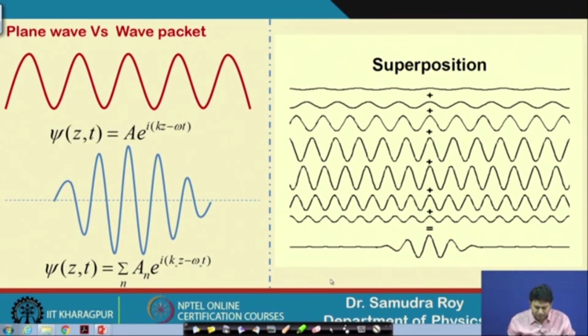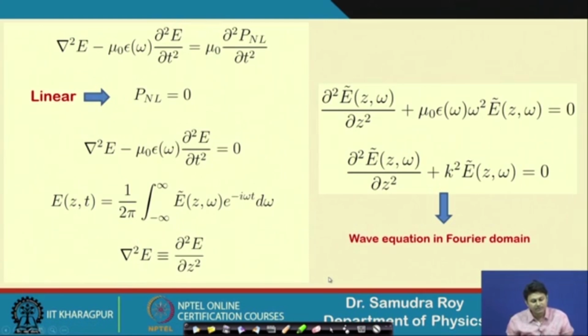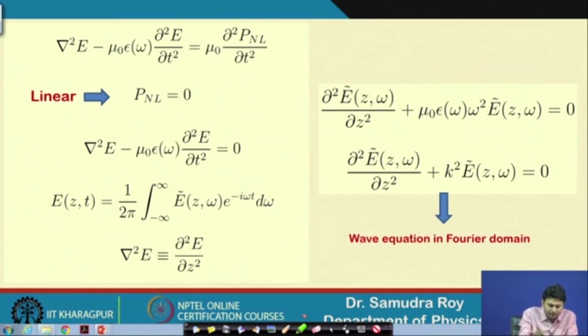With the knowledge of plane waves, we can go to our next slide and try to understand what should be the governing equation of this kind of wave. The governing equation here is essentially Maxwell's equation, but since we are very familiar with this equation, which is a nonlinear Maxwell's equation, we have been using it for a long time.